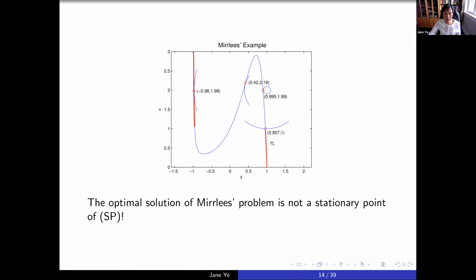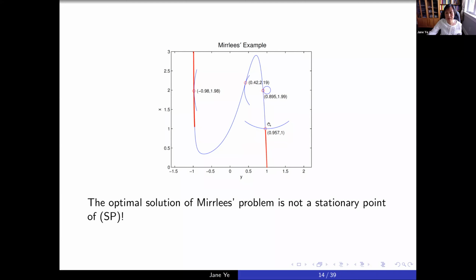Since the objective is just quadratic, the contour is just a circle. So if you find the minimum for SP with the first order condition, the feasible region is the blue line, so this is the minimum.